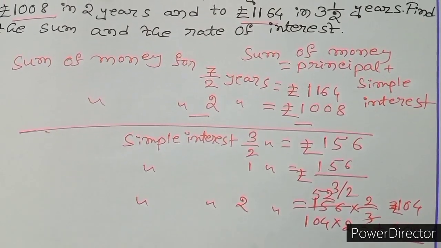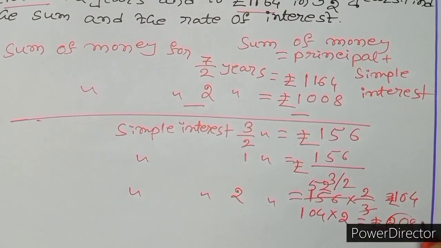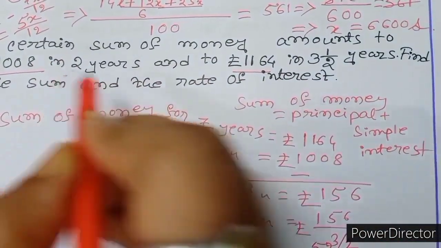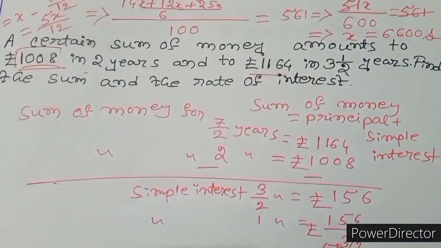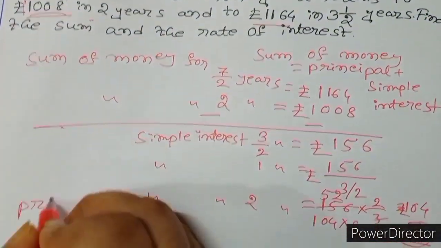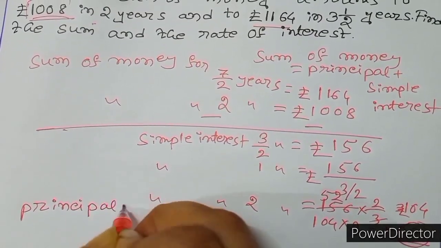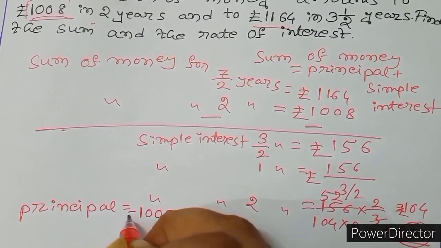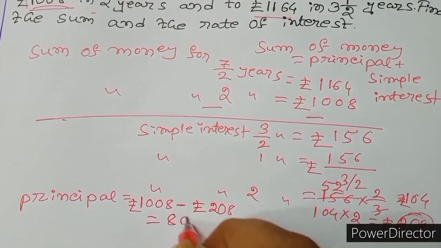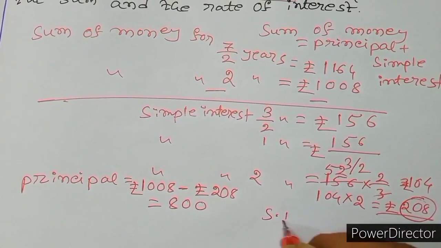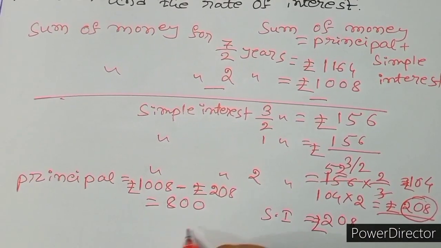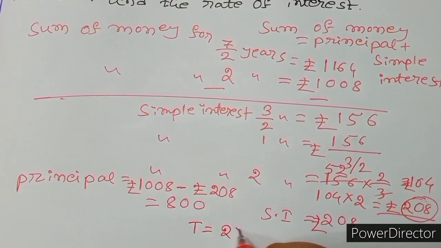So for the principal amount, simple interest for 2 years equal to 208 and sum of money for 2 years 1008. We know the formula, principal amount equal to sum of money minus simple interest. So principal equal to 1008 minus 208 equal to 800, and SI equal to 208 and time equal to 2 years.